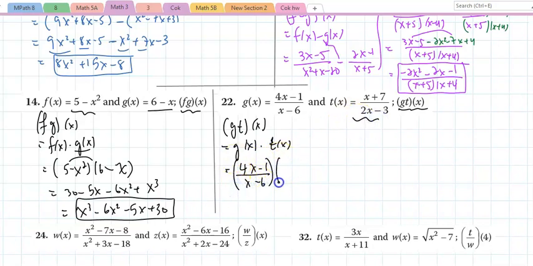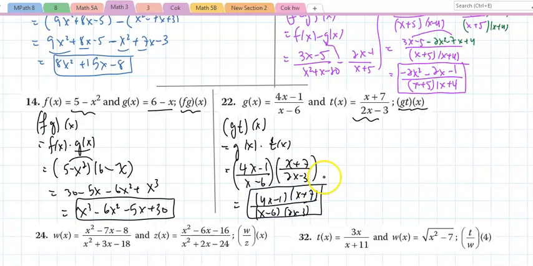And t of x is x plus 7 divided by 2x minus 3. If I multiply those out, nothing reduces. So the denominator is x minus 6 into 2x minus 3, and the numerator is 4x minus 1 into x plus 7. And that's pretty much it.